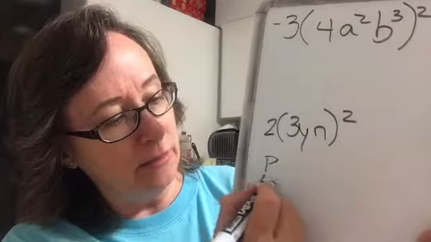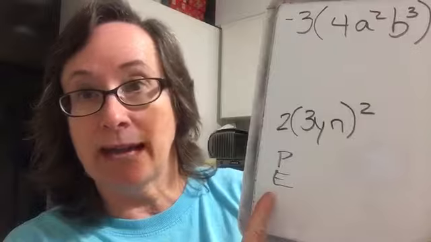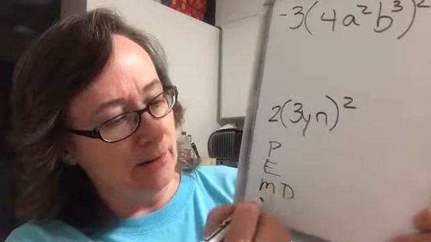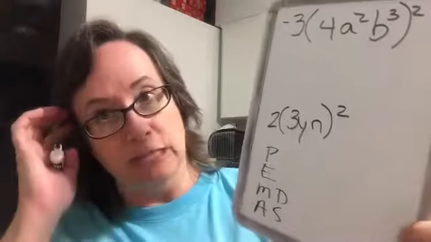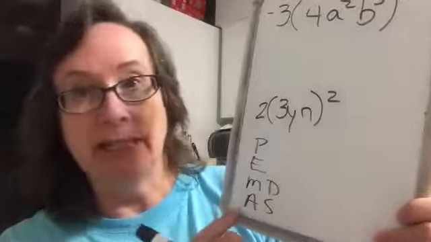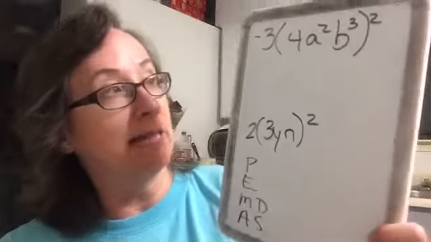Please excuse, the E stands for exponents and roots. And then my dear Aunt Sally stands for multiplication and division are on the same level, and then addition and subtraction are on the same level.